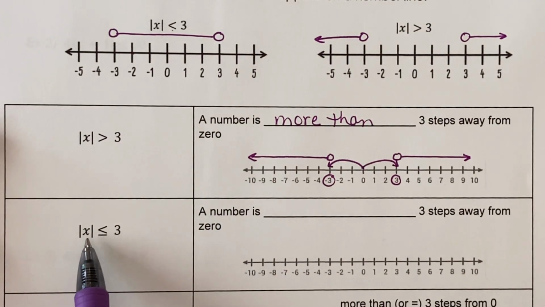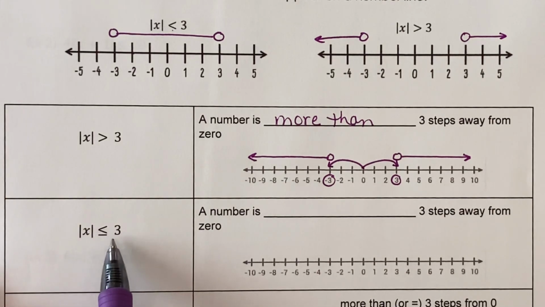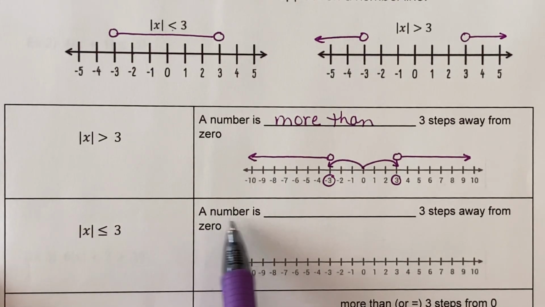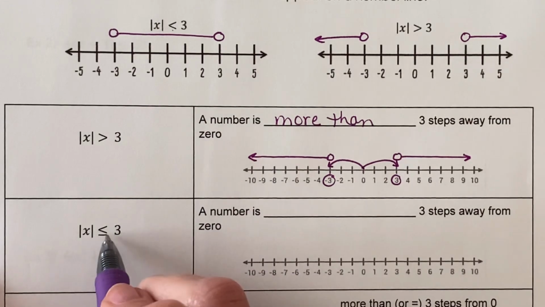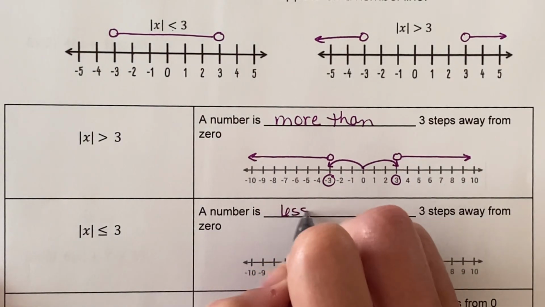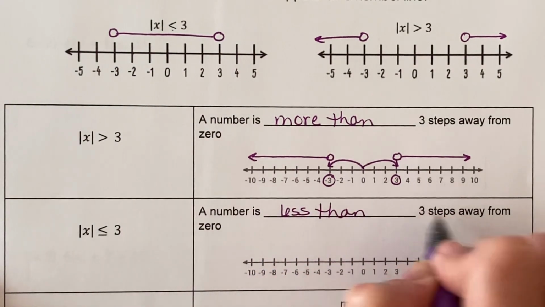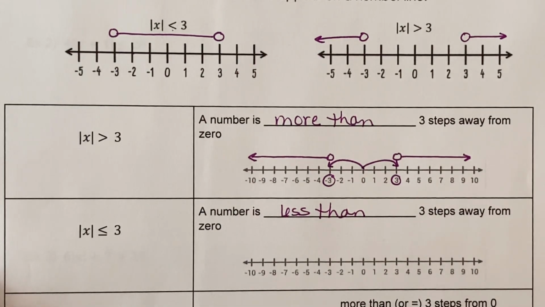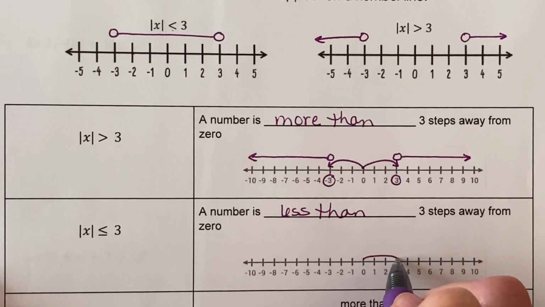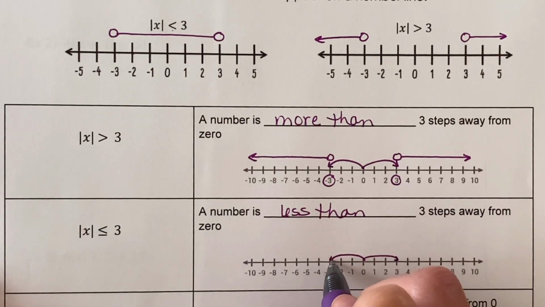Well, what does it mean if I have the absolute value is less than or equal to 3? Well, that just means that some number is less than 3 steps away from 0, or equal to. If I start at 0, 3 steps would put me at 3, 3 steps would put me at -3.